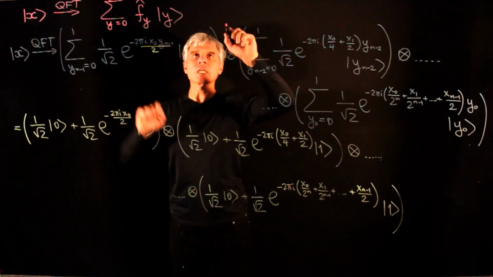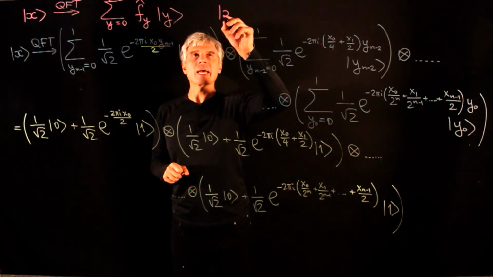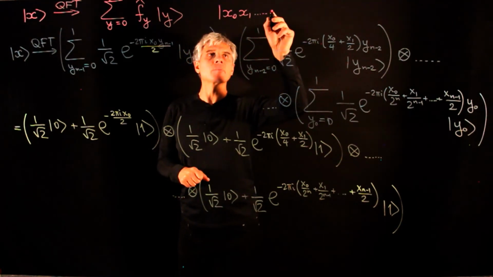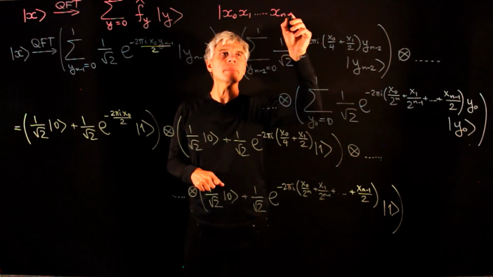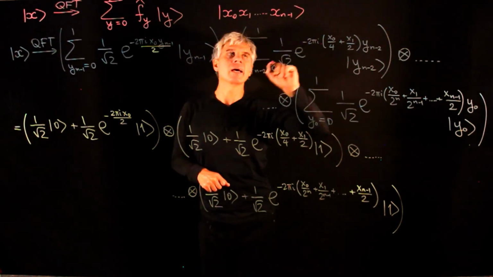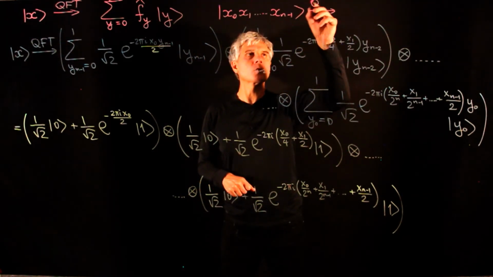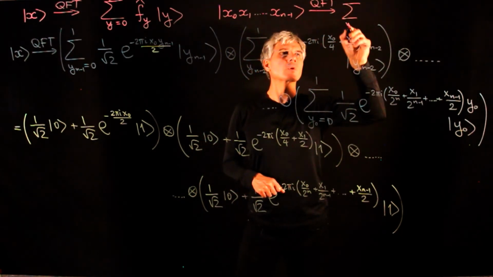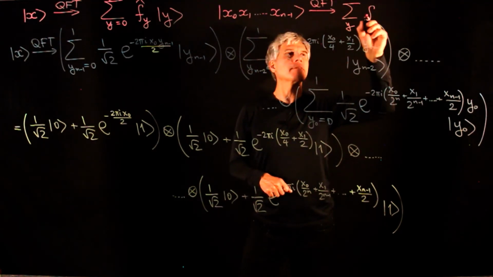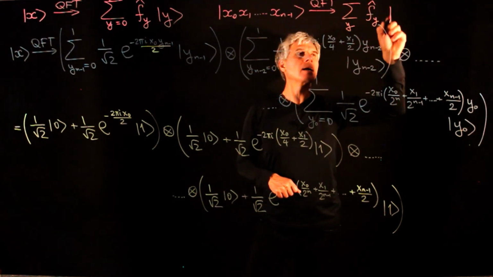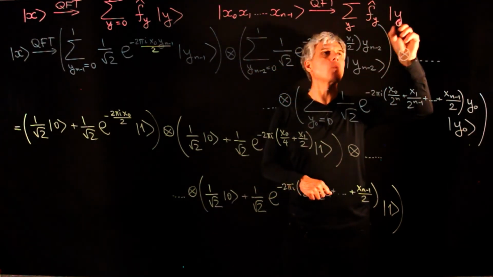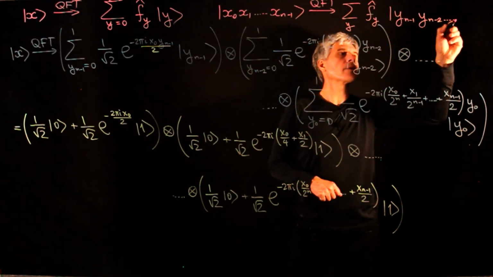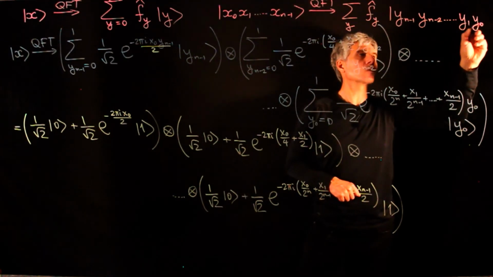So this means that for input bit, we're going to write it as x0, x1, all the way up to xn-1, right? And so this will be transformed by the QFT into the sum over y of f hat(y) times, here we're going to write yn-1, yn-2, all the way up to y1 and y0.